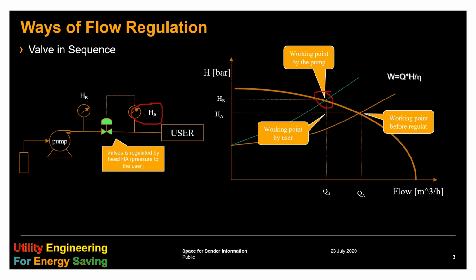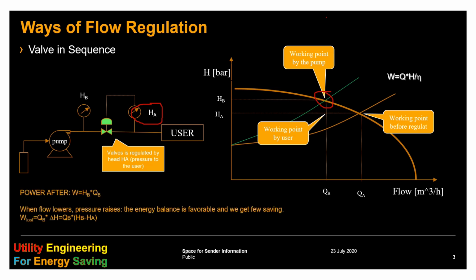As you can see, the working point here also, the working point of the user and the one of the pump are different, and the energy lost is given by the product between the new flow and the head difference, as per this formula. The head difference is this difference here.